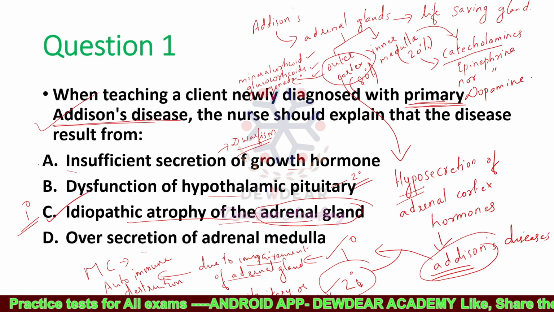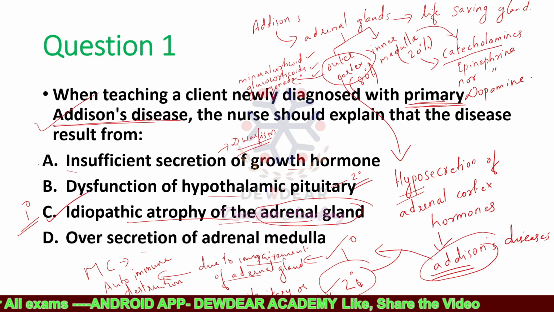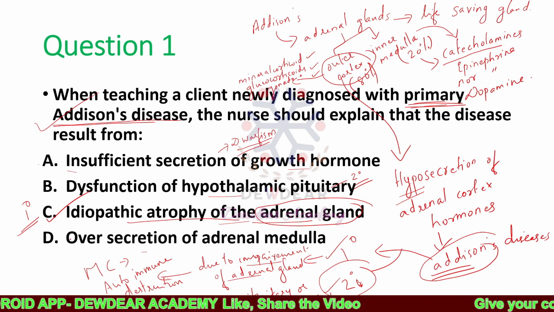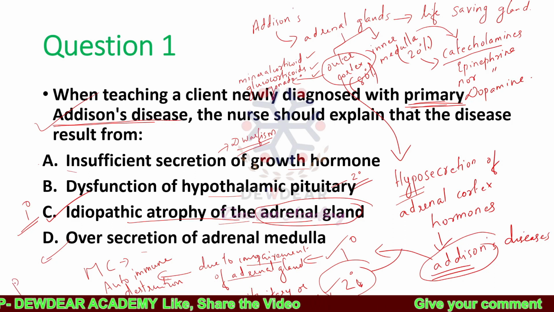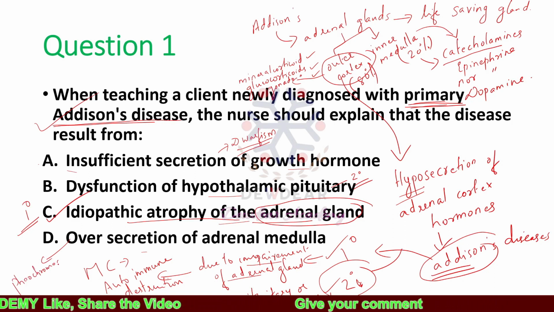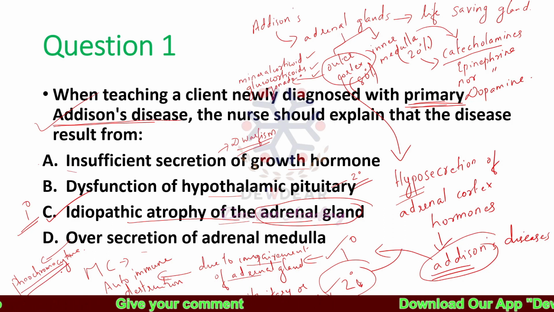Then the fourth option given here is oversecretion of adrenal medulla. This causes a condition known as pheochromocytoma, with increased production of catecholamines.